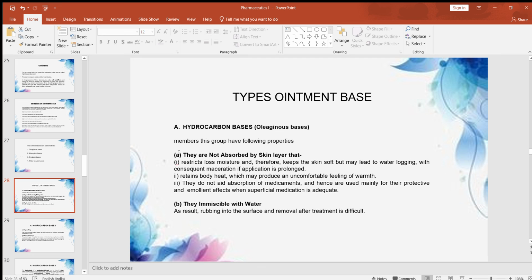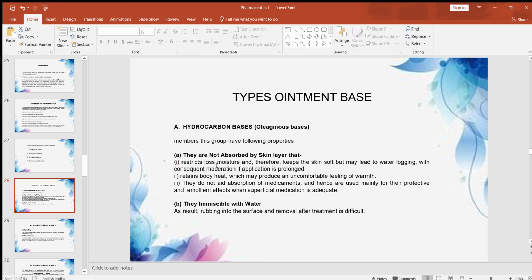All the paraffins are hydrocarbon in composition, hence this type is also known as hydrocarbon bases. The other name for this is oleogenous bases. Remember both are the same, these are synonyms. Hydrocarbon bases are also referred to as oleogenous bases. This is one type of ointment base.